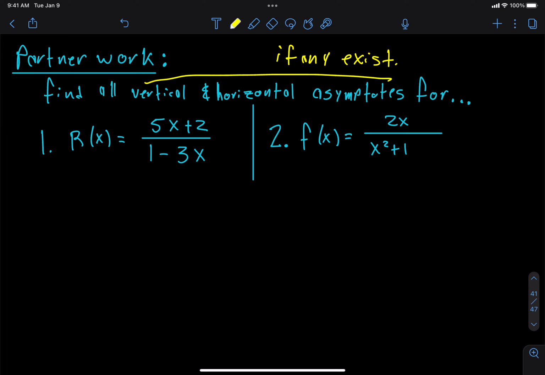It should be a 0 in the denominator and not a 0 in the numerator. So we need to check: is 5 times 1/3 plus 2 equal to 0? So altogether we get, is that 0? No. So the numerator is not 0. The denominator is 0. So we have a vertical asymptote.